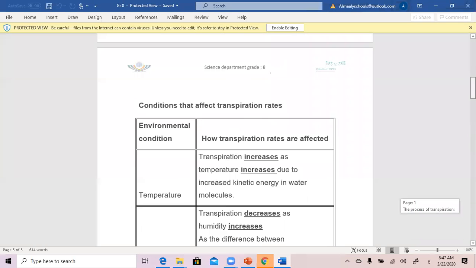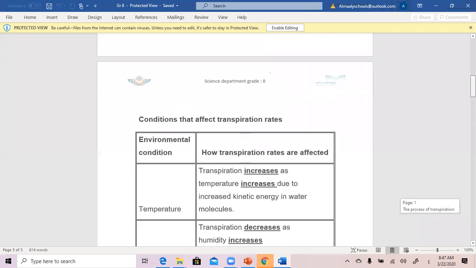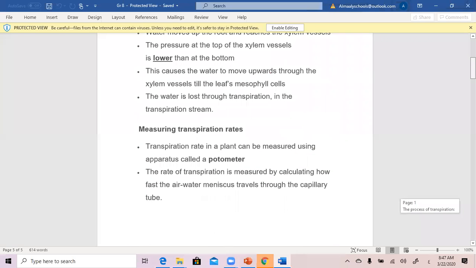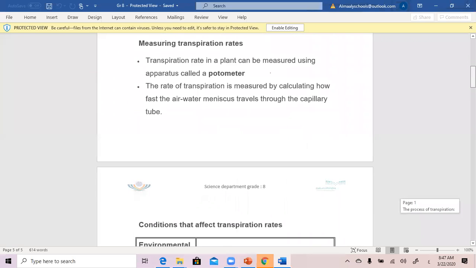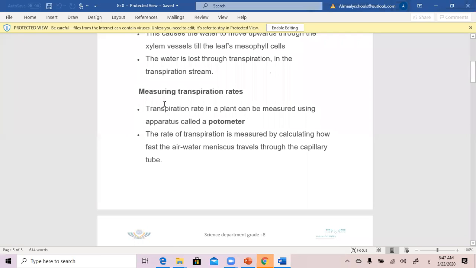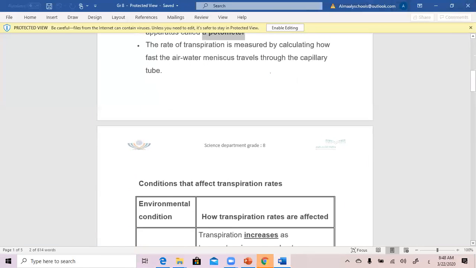Today, we explained and discussed a lot of conditions about transpiration rates. The apparatus used to measure the rate of transpiration is called the potometer.